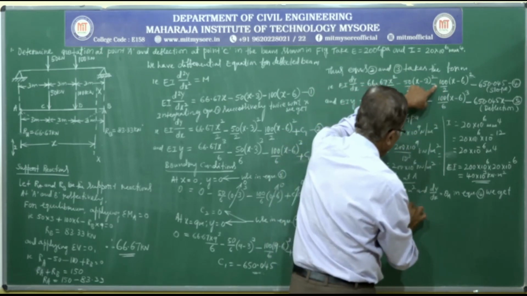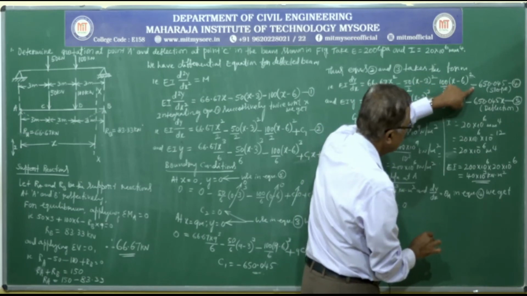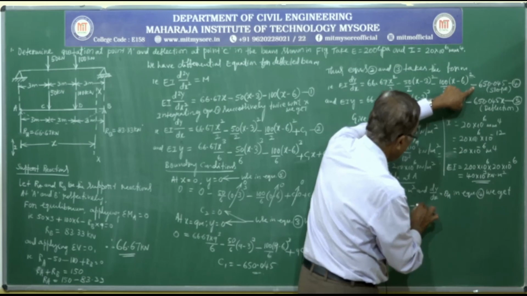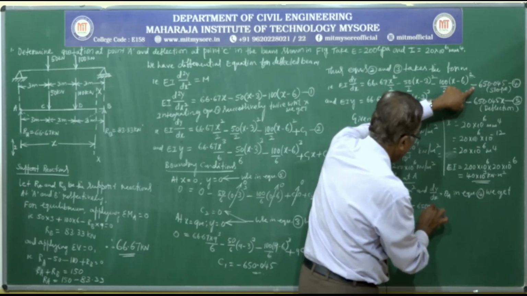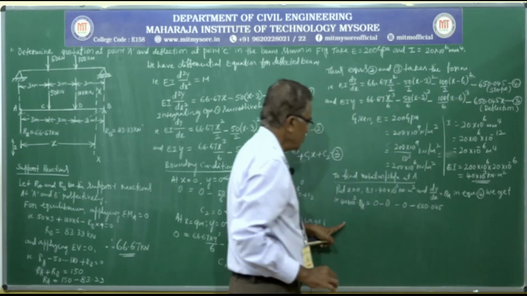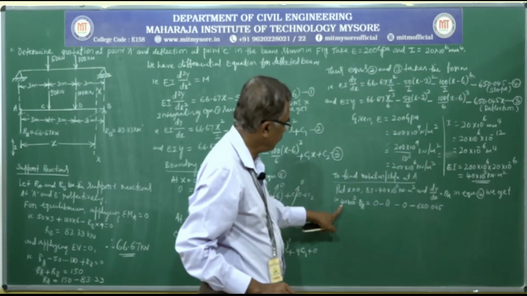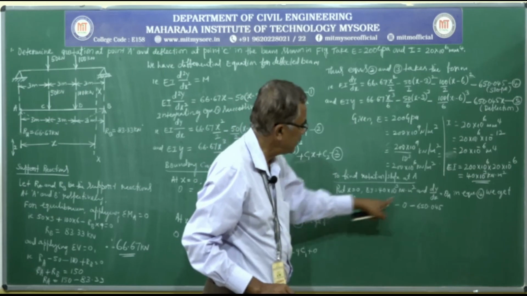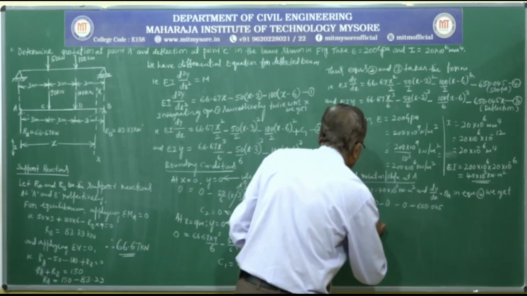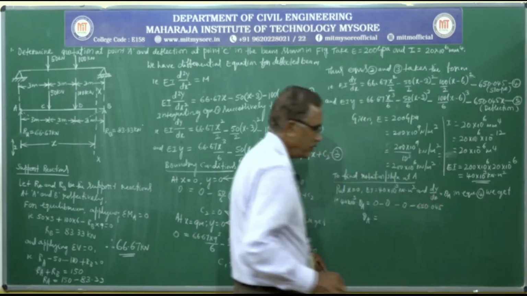So, this value is also 0. Next one, x is not there, it is 650.045. So, 40 into 10 power 3 theta A is equal to minus 650.045. Therefore, you will get theta A value here.